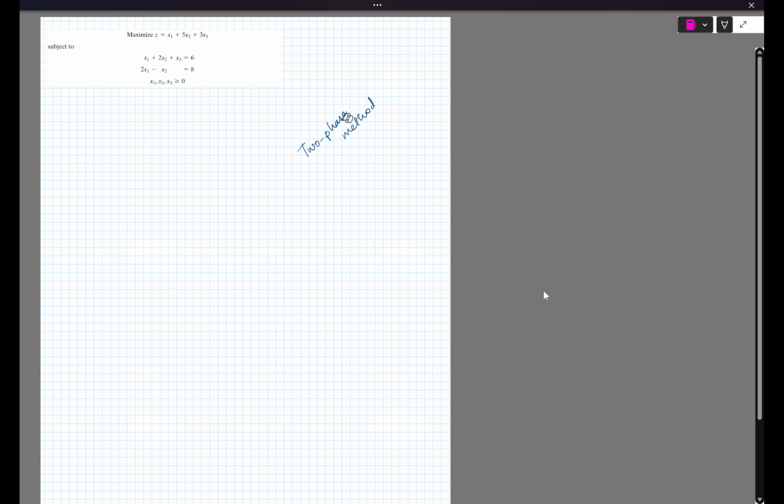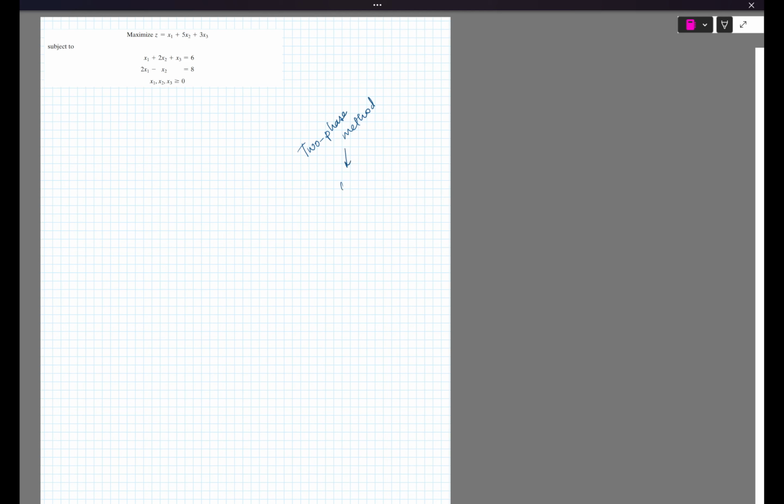So we discussed the two-phase method, which is used when you have artificial variables. Basically, you use this to do your simplex, and these artificial variables are used to get the initial BFS.